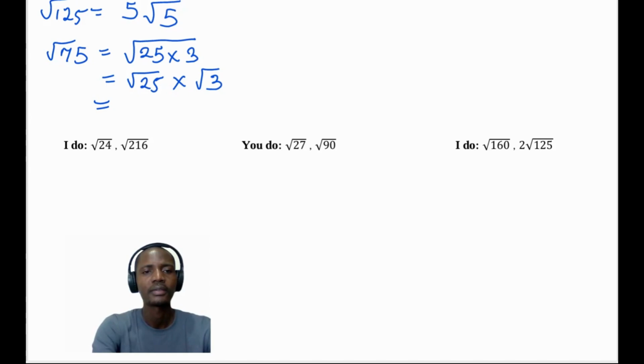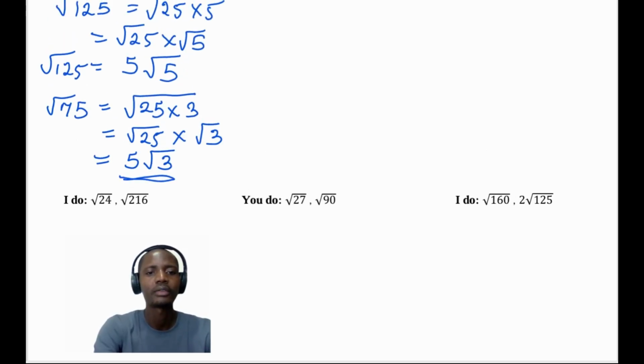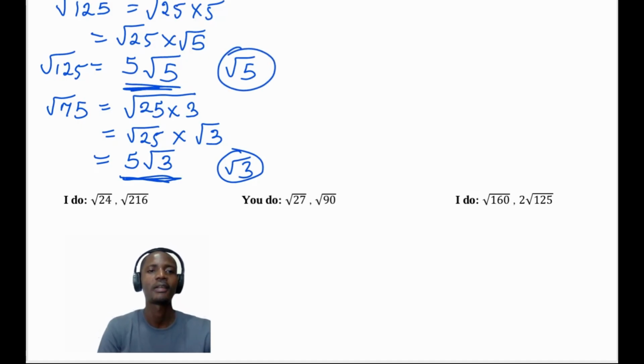Now, root 25 is 5, so we have 5 root 3. This is 5 root 5. Now, the radical part is root 5 for this, and the radical part is root 3 for this. So we can see that they are not similar.